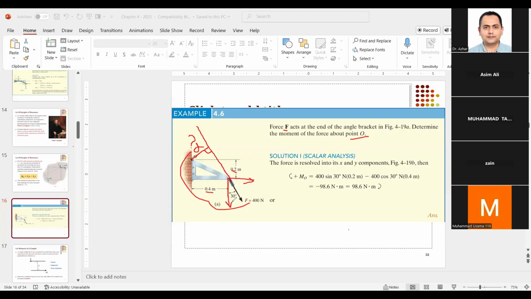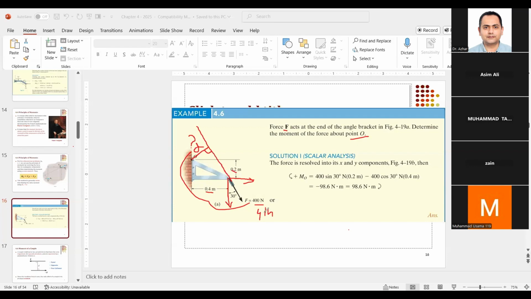Then using those components, we can find the moment about point O. If you recall chapter number 2, how we resolved the forces into components, it was F cosine of theta and F sine of theta. And the 400 Newton force is in the fourth quadrant. So we will use the same concept.